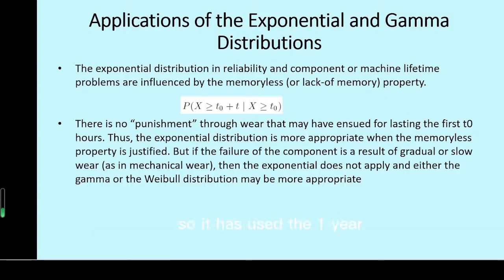So it has been used 1 year, but the probability of the second year with no problem is the same as if you buy a new one and use it 1 year with no problem. So this is ideal for the exponential distribution. But if this kind of thing is not justified, you cannot use the exponential distribution. You have to use another distribution like gamma, so gamma with alpha not equal to 1, or another distribution called the Weibull distribution, which we will talk about later.